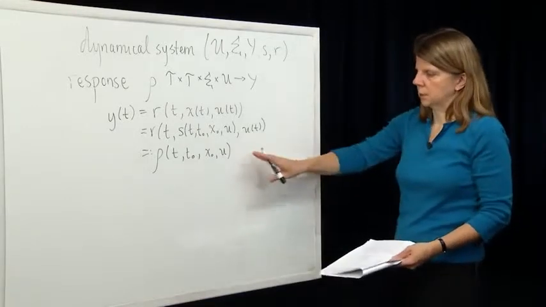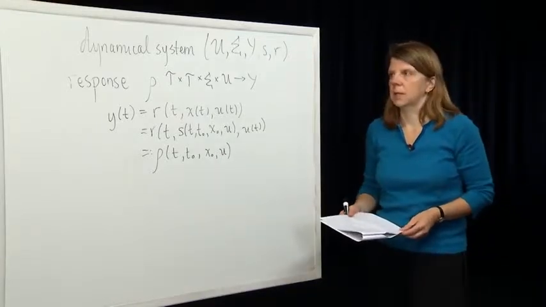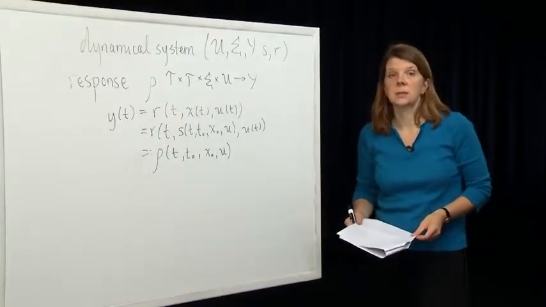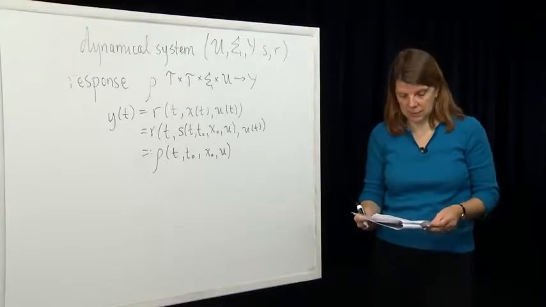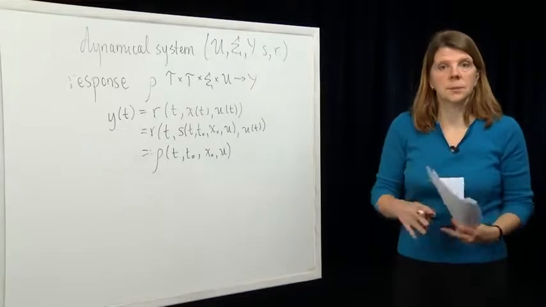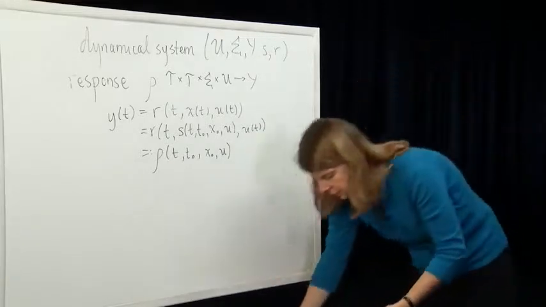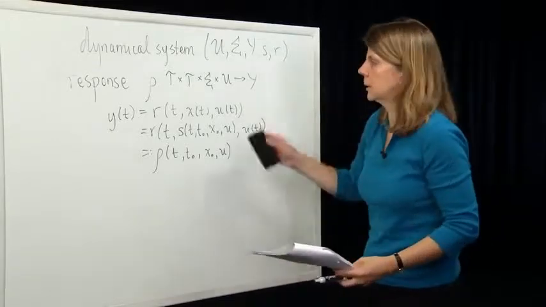Okay, so this is the response function. Now, linearity is a property of a dynamical system, and it's defined in terms of the response function of that dynamical system. Okay, so we've defined the response as the composition of the readout map and the state transition function. Now let's define what we mean by a linear dynamical system.